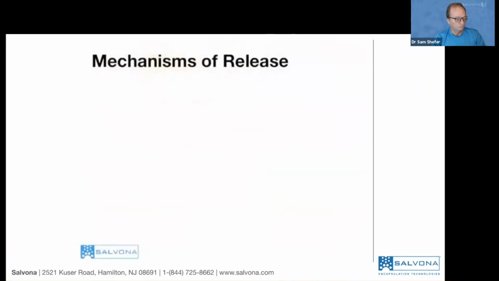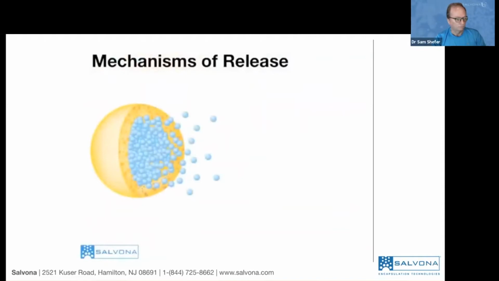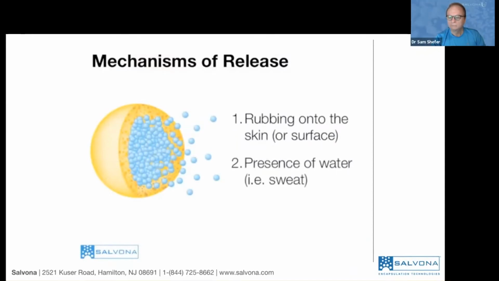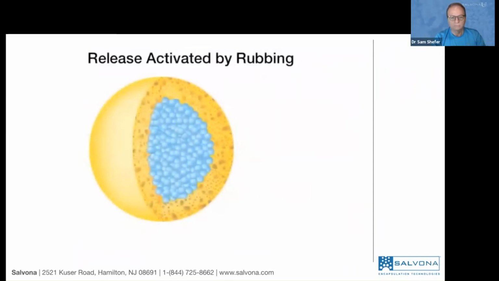The active ingredients can be released from the MultiSal technology by one of two mechanisms. One, release through rubbing onto the skin, and two, release activated by the presence of water. Release activated by rubbing. Release of the active ingredients through rubbing is a special mechanism used for MultiSals that are stable in water, such as MultiSal Cool and MultiSal Retinol.